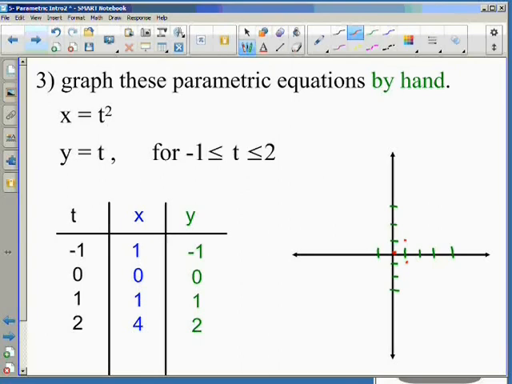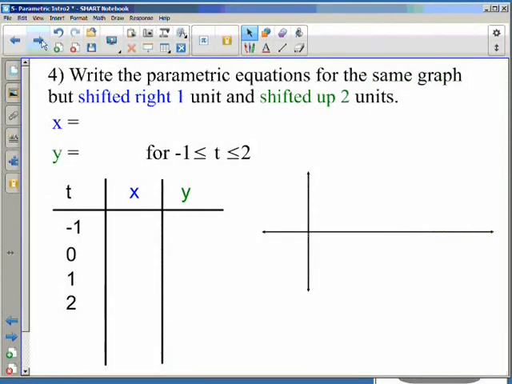Notice this parabola, or portion of a parabola, is horizontal. And again, the order is going to start at 1, -1, and little arrows to show the direction. Okay?